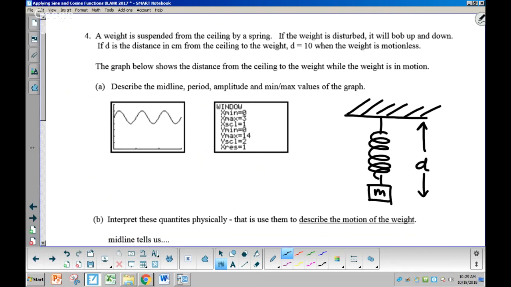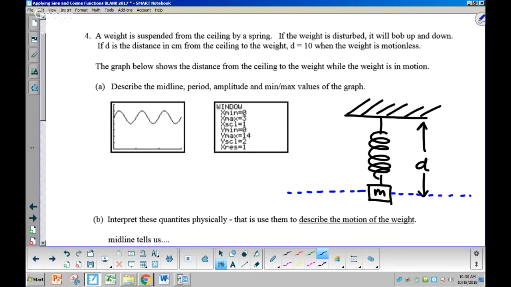So let's talk about when it's motionless. When it's not moving, it's in a state of equilibrium. Now, what do I mean by that? That's its natural state, where it would be if everybody left it alone. Right? So this is its state of equilibrium. When I disturb it, what does it do?